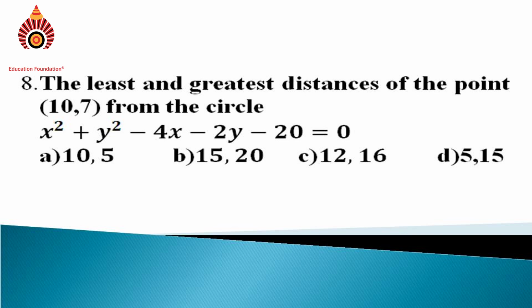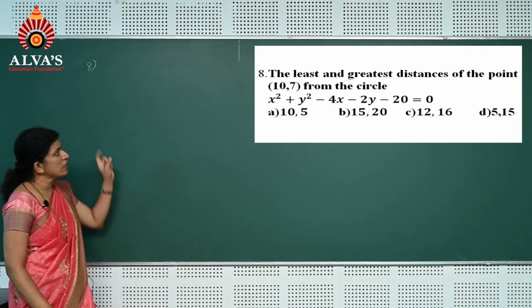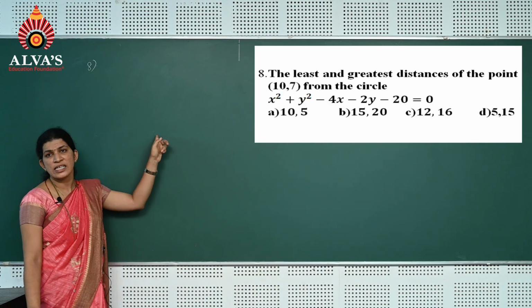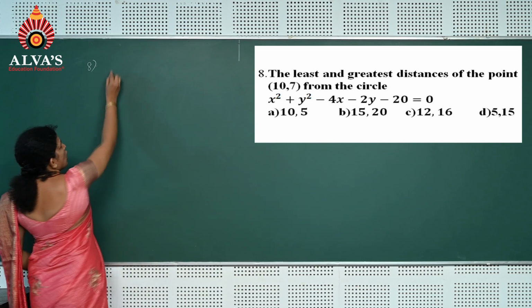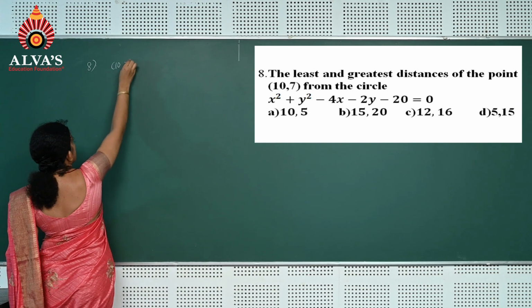The question is, the least and greatest distances of the point (10, 7) from the circle x square plus y square minus 4x minus 2y minus 20 equal to 0. We want the least and greatest distance of the point from the circle. The point is given, that is (10, 7).